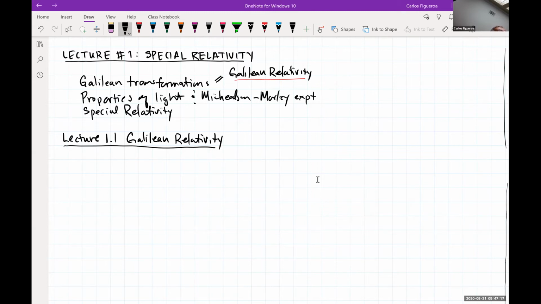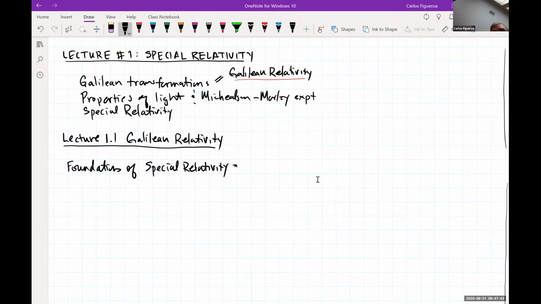When you look at the foundations of special relativity, because that phrase comes up a lot, I'm going to write an acronym for special relativity.